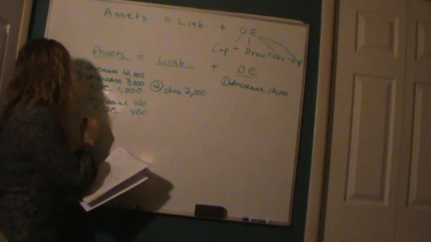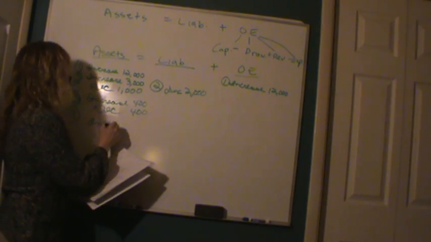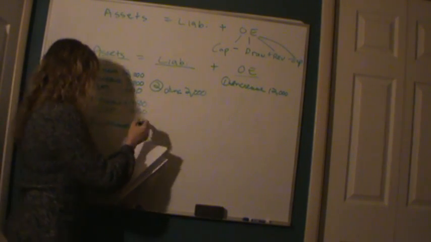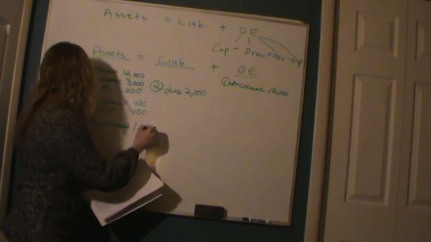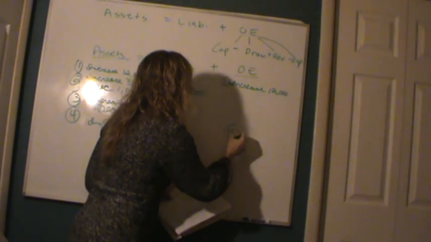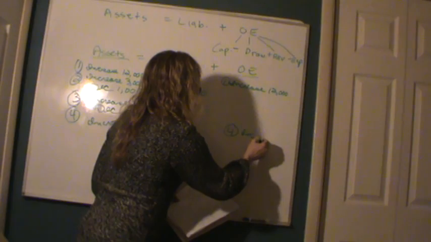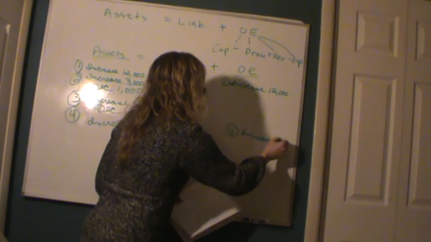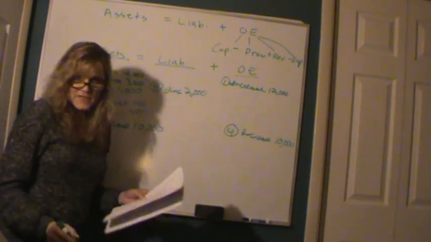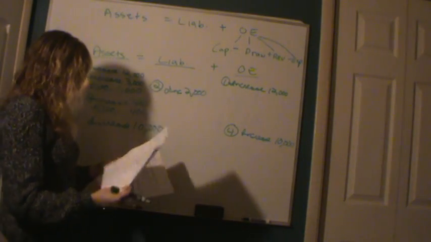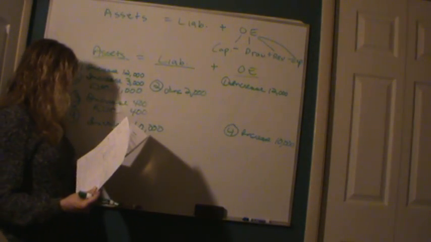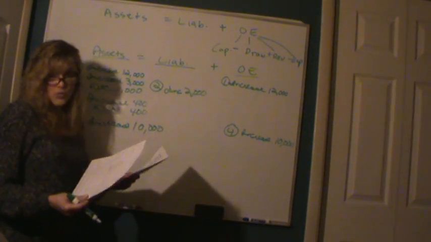That's an account receivable to us, so that's going to increase our assets by $10,000. And we are going to have an increase in owner's equity of $10,000.